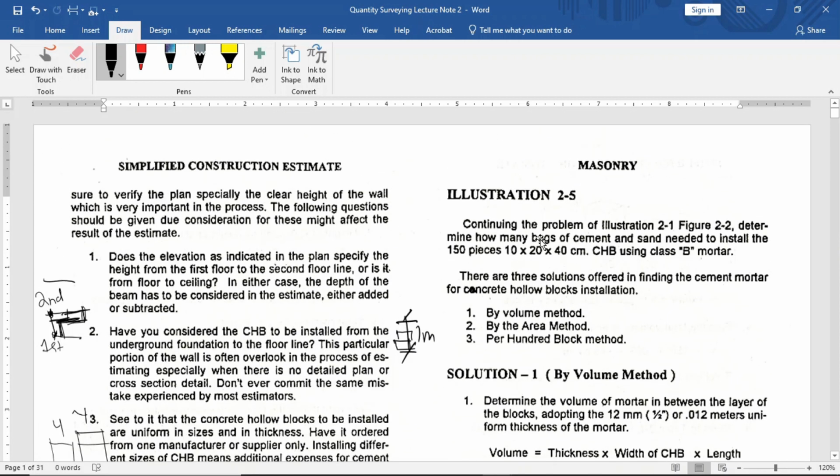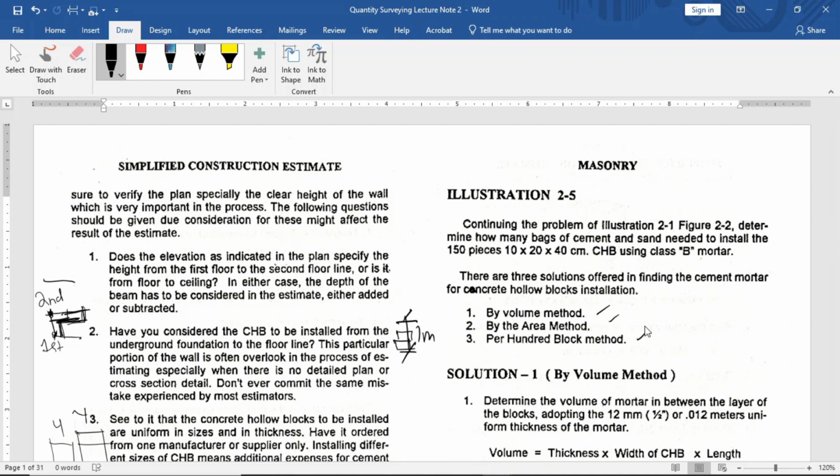So, continuing the problem in illustration 2-1, figure 2-2, determine how many bags of cement and sand needed to install the 150 pieces 10 by 20 by 40 cm CHB using Class B mortar. So, there are 3 solutions para sa pag-solve ng cement mortar. Number 1 is by volume method, 2 is area method, and 3 is the per 100 block method.